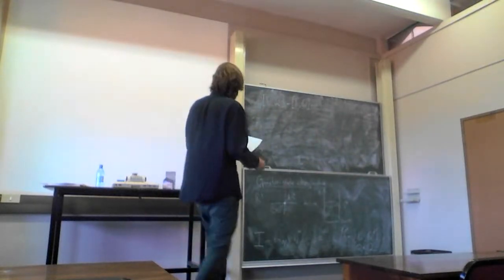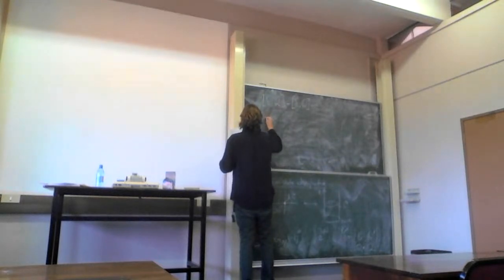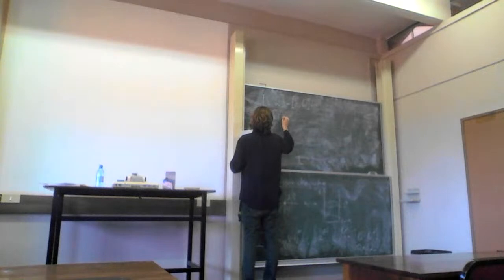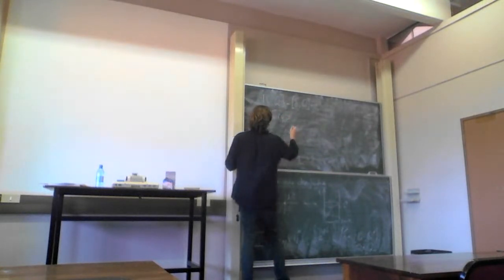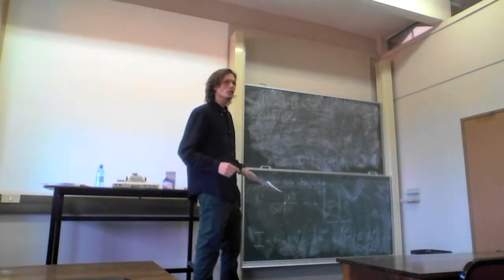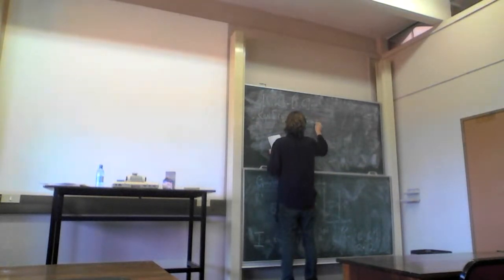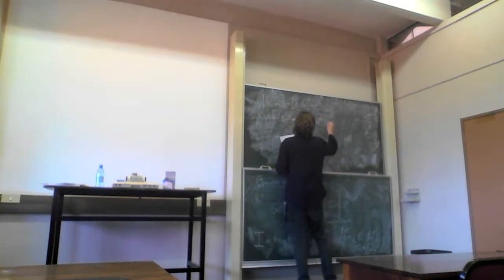Furthermore, its expectation value in any state, because it's the anti-commutator of Q and Q dagger, we can as usual write as the sum of two norms.